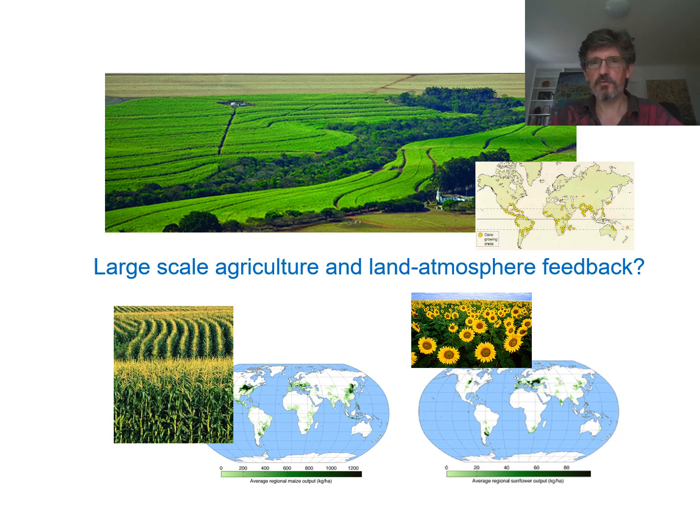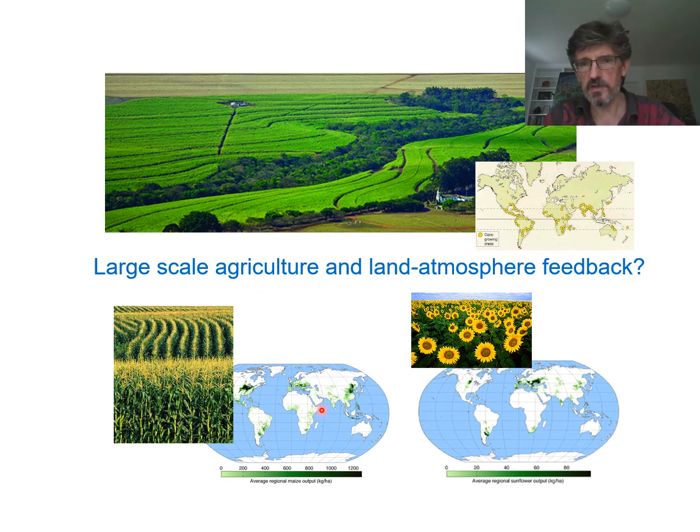Now, with this type of system, we can actually start asking ourselves interesting questions. For example, what if we change the conditions at the surface, but larger scale changes like the ones that are taking place for agriculture? What if, for example, in this part here of Brazil, where this picture refers to, we take the Atlantic forest, which is a mixture of tall forest of C3 type of trees, and substitute it with extensive cultivations of sugarcane, which is a C4 plant?